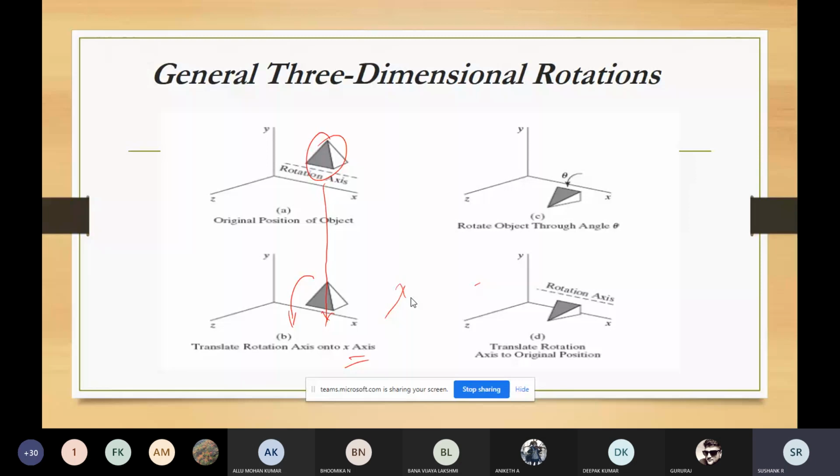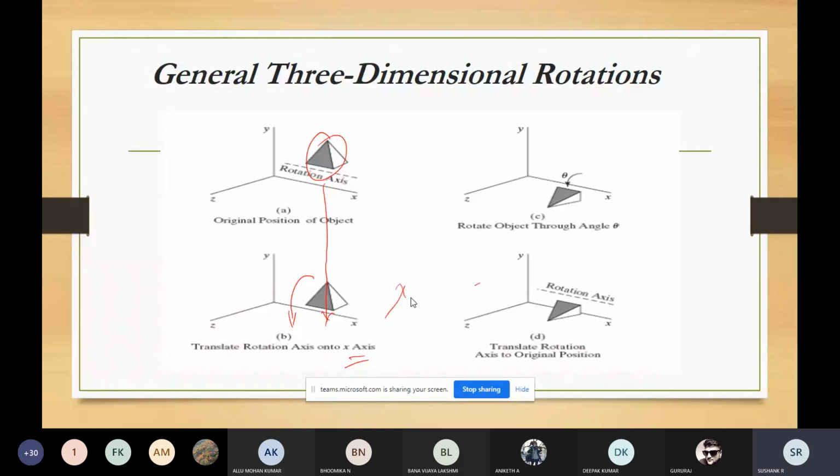It is the same as in 2D rotation: some point was at some position, we bring that point to the origin, perform the suitable operation, and once the operation is done, move back to the original position. So this is a general introduction regarding 3D rotations. In the next class, we will discuss this in detail. So I'll stop the class now.